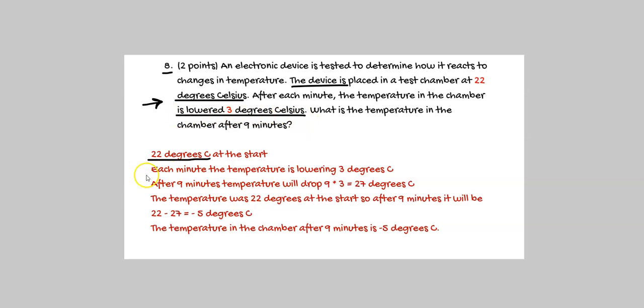So we can write down that each minute, the temperature is lowering 3 degrees Celsius. Now, what is the temperature in the chamber after 9 minutes? So this question is asking us, what is the temperature after 9 minutes, right?